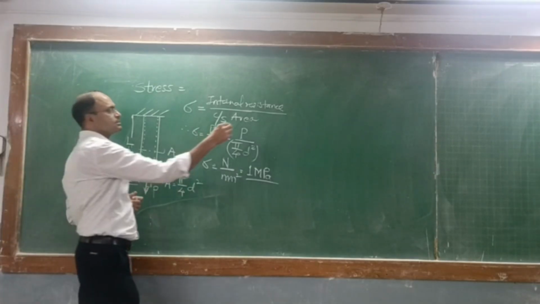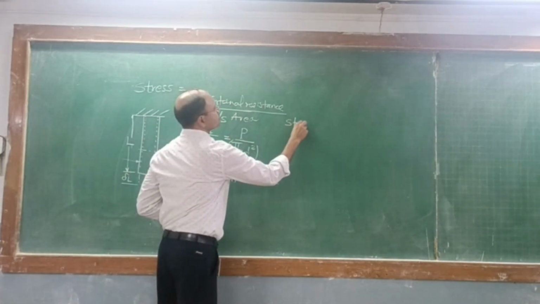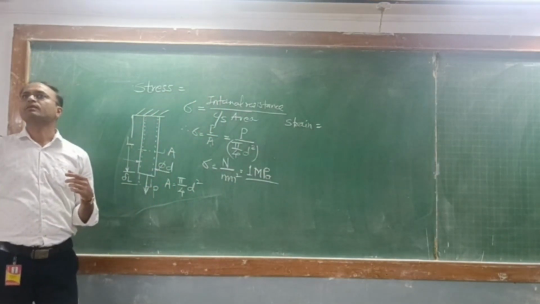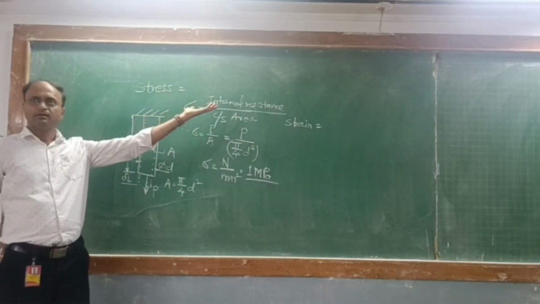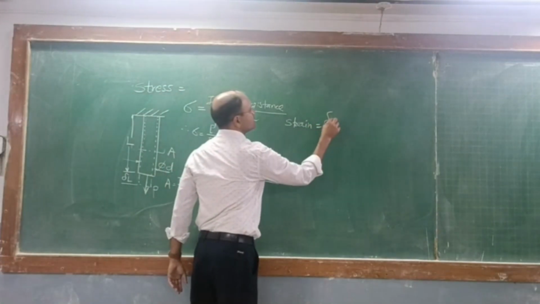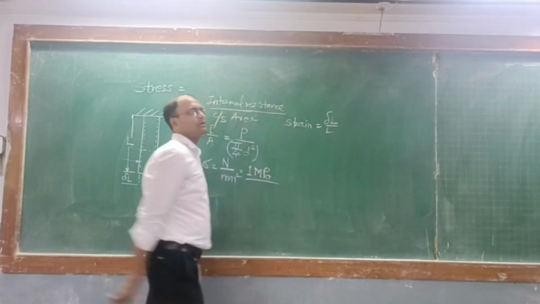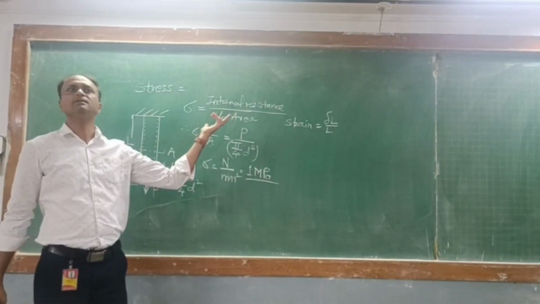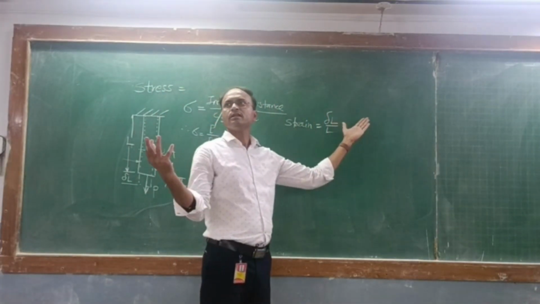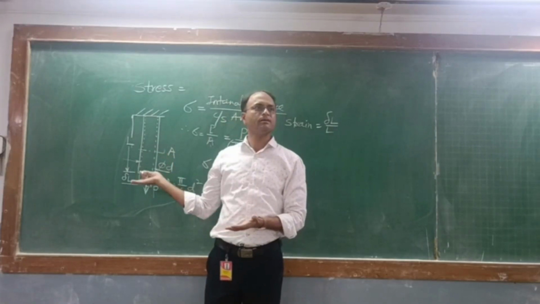So we studied the second concept, that was strain. What is strain? Change in length upon original length. In simple words, it is delta L upon L. Delta L by L is called strain. Delta L is change in length, either in meter or millimeter.